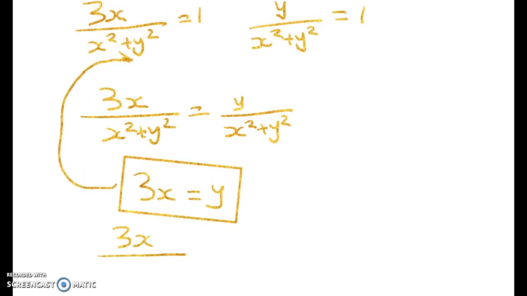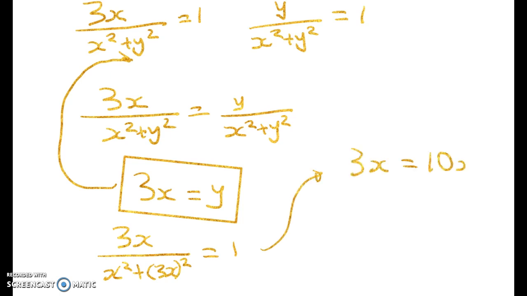So 3x over x squared plus 3x all squared equals 1, giving me 3x equals 10x squared. Now don't divide through by x, just set it equal to 0. Something very strange going on here, but I quite like it.